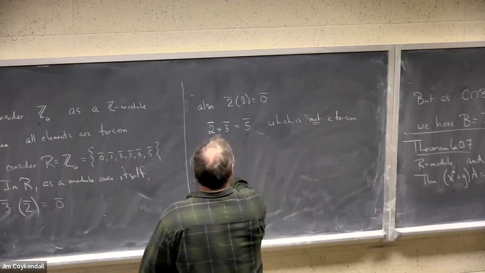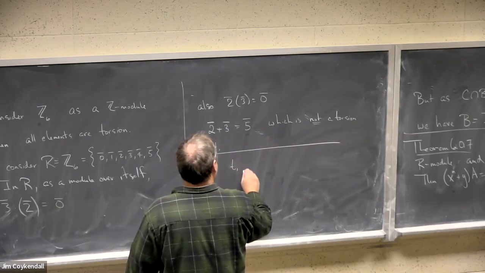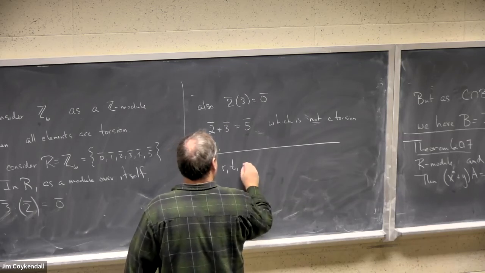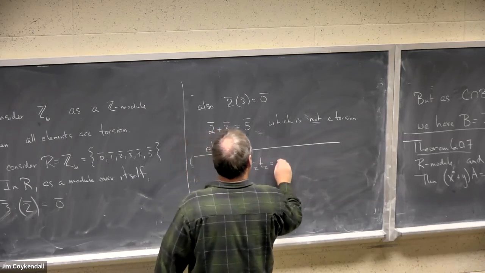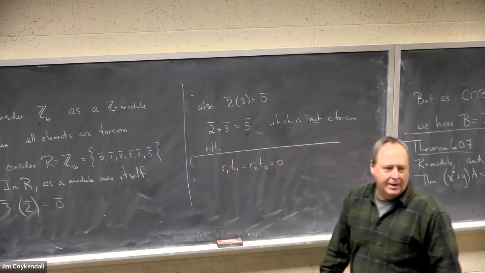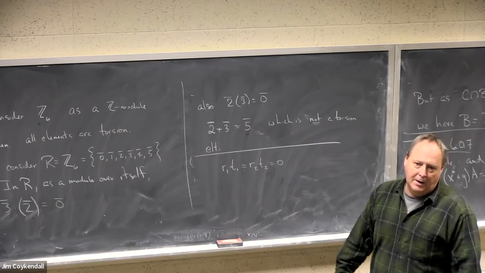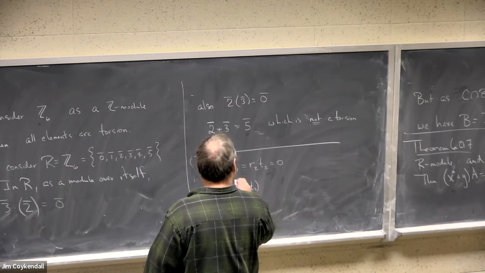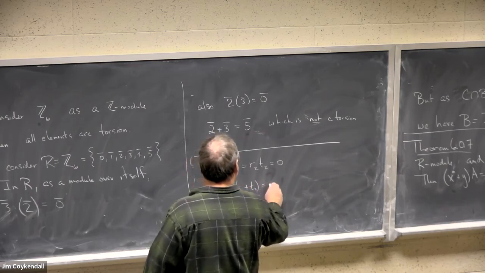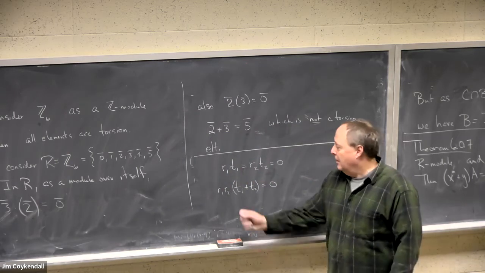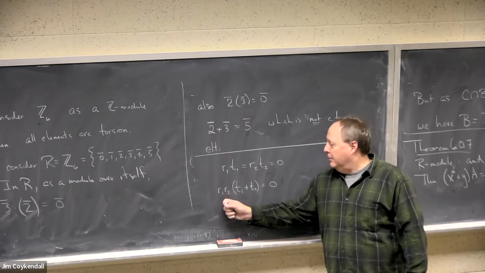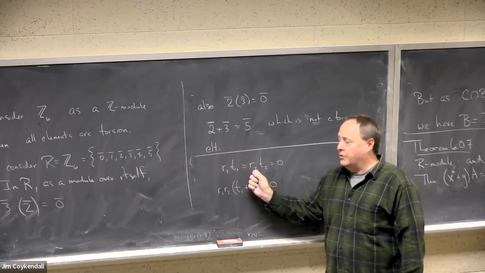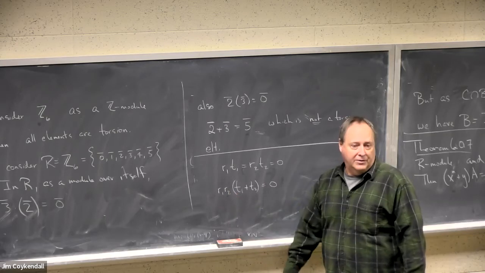Because in a domain, if t1 and t2 are torsion, where r's are elements of the ring and t's are torsion elements of the module, then notice that t1 plus t2 is also torsion. And this fails if you're not a domain, because the product r1 r2 is certainly zero even if r1 and r2 are not zero.